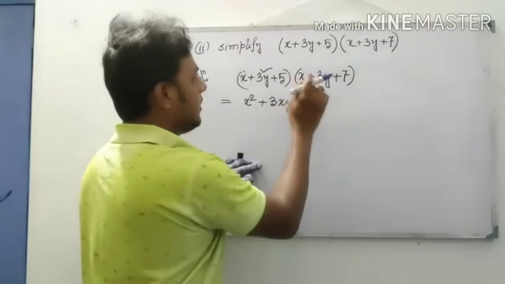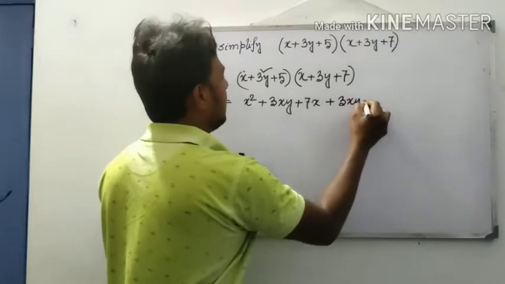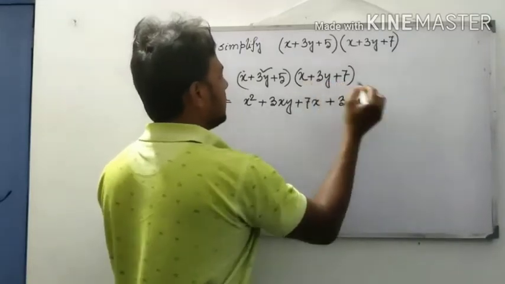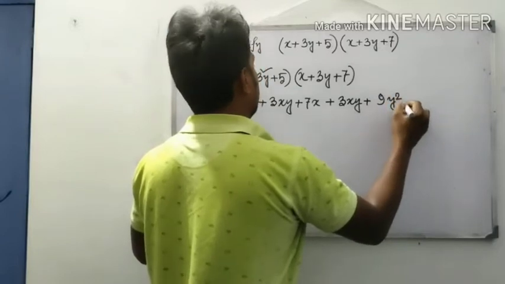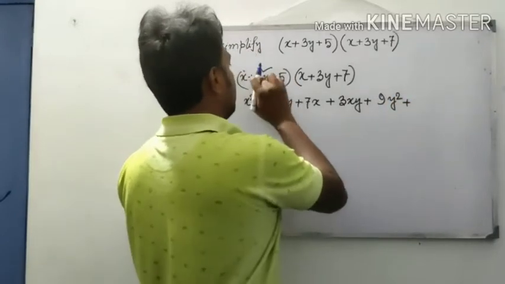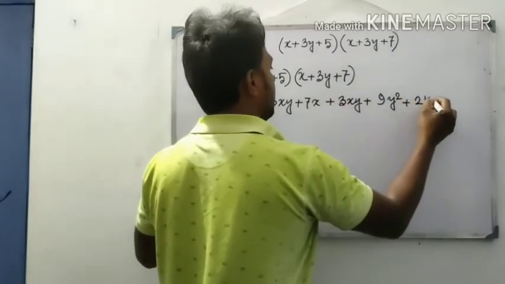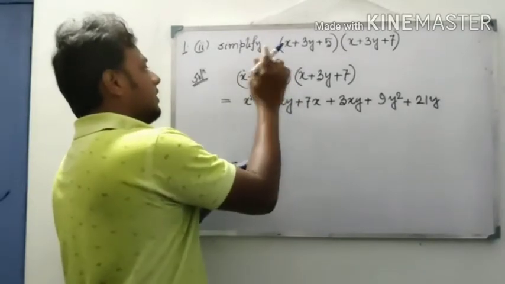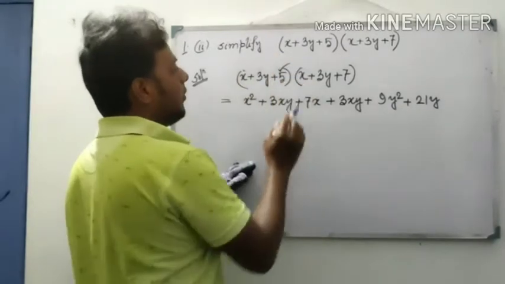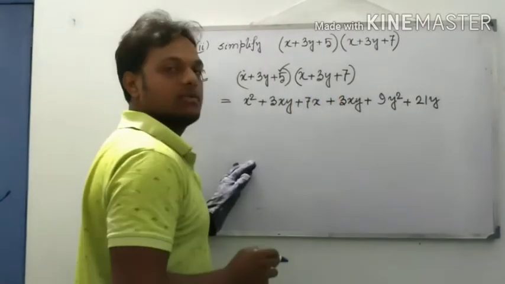So 3y into x, that means 3xy, plus, if you multiply with the second, 3 3 is 9 and y into y is y square, plus this and this, so 3 7 is 21y. Next we will consider the third one and multiply with each and every term of the second factor.